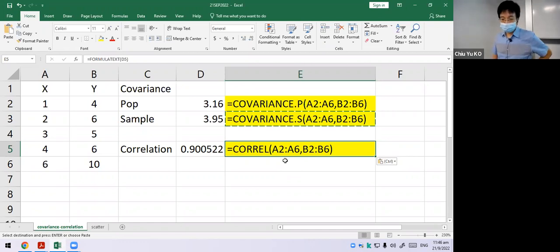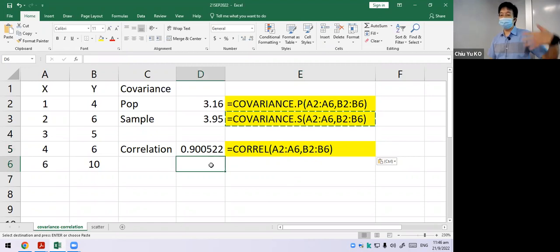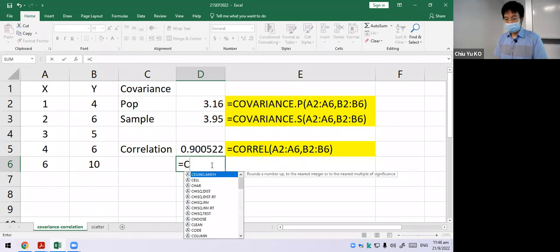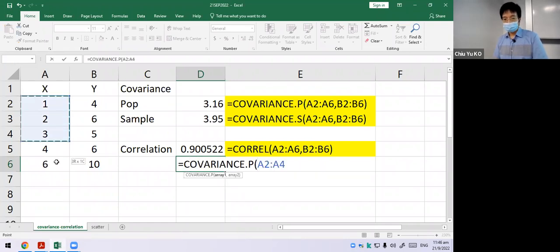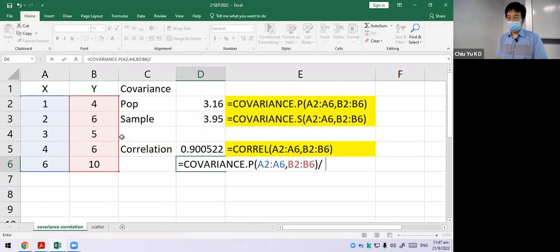So I also want to show you that, because of the formula we said, right? It's the same as looking at the covariance over their SD, right? Standard deviation. So let me show you the calculation here. So I can do it as the following: covariance.P, these two columns, okay, and divided by the product of their SD, right?